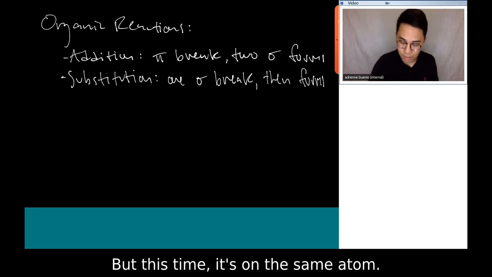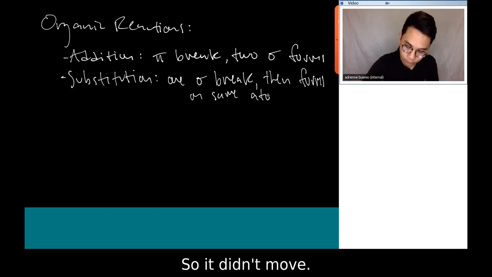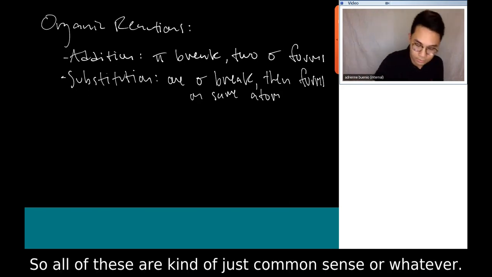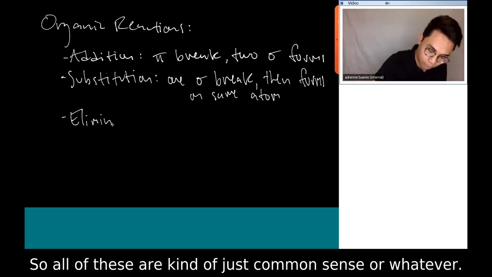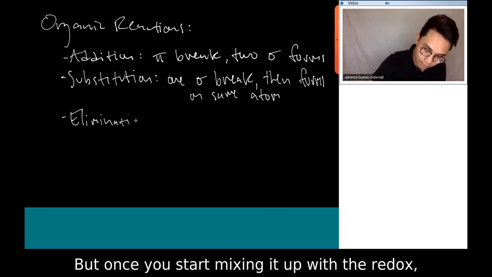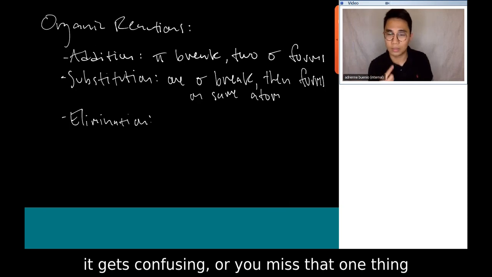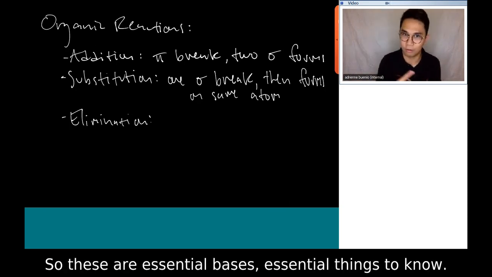But this time it's on the same atom, so it didn't move, it's still in the same atom, but it just got replaced, right? It got substituted. So all of these are kind of just common sense, but once you start mixing it up with the redox, it kind of gets confusing, or you miss that one thing and then you get it wrong, right? So these are essential things to know.